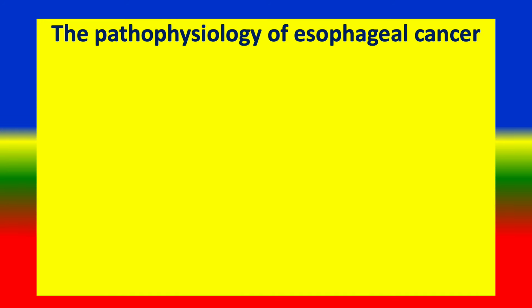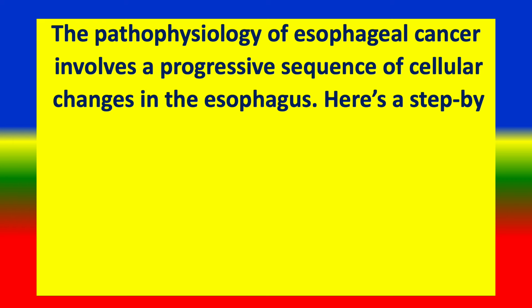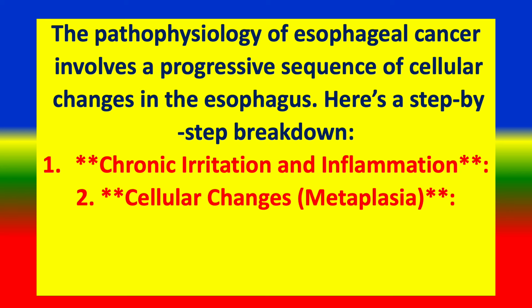The pathophysiology of esophageal cancer involves a progressive sequence of cellular changes in the esophagus. Here is a step-by-step breakdown. 1. Chronic irritation and inflammation. 2.